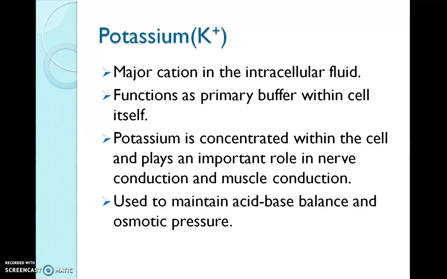Potassium is concentrated within the cell and plays an important role in nerve conduction and muscle conduction. Conduction is nothing but the movement of something, such as heat, from one place to another. Potassium is also used to maintain fluid balance and osmotic pressure, like the sodium ion.